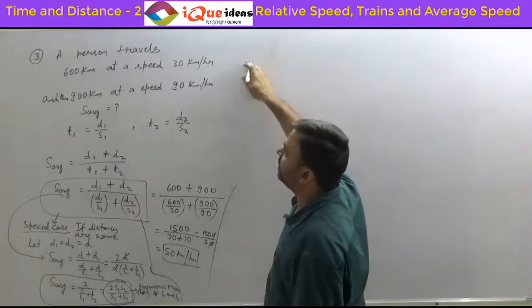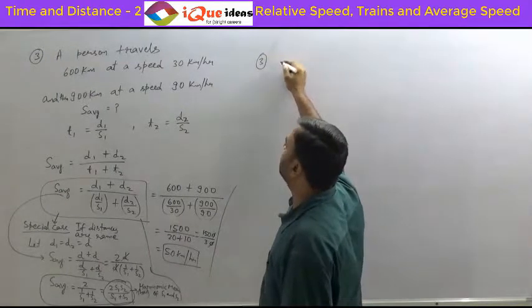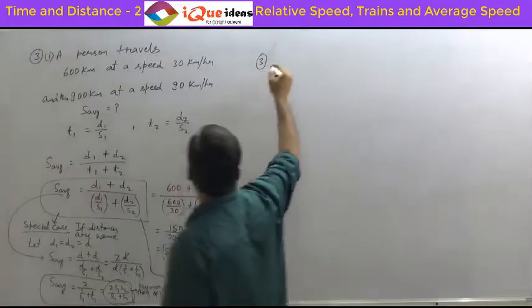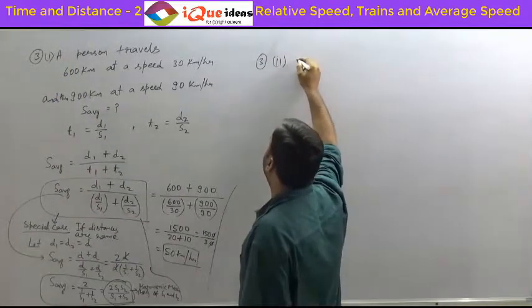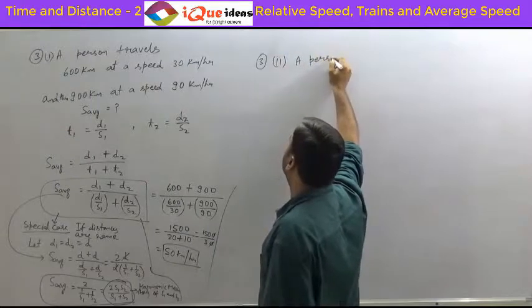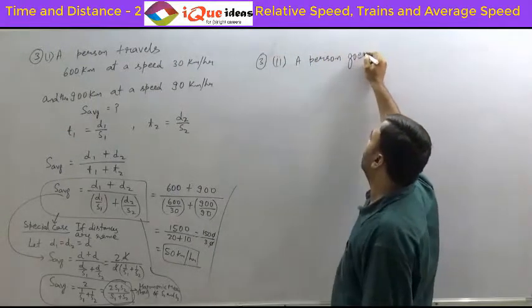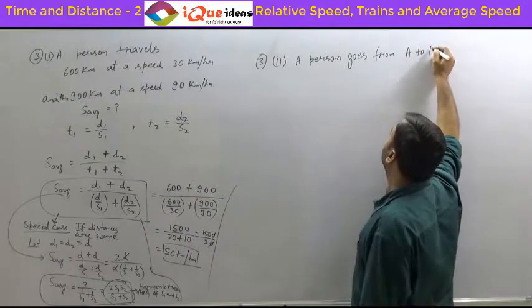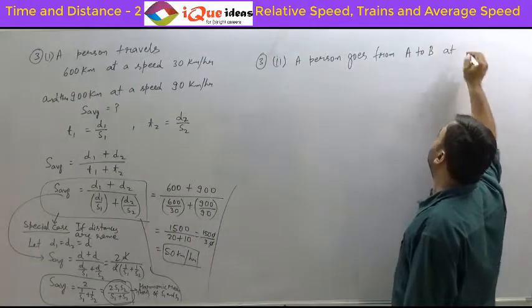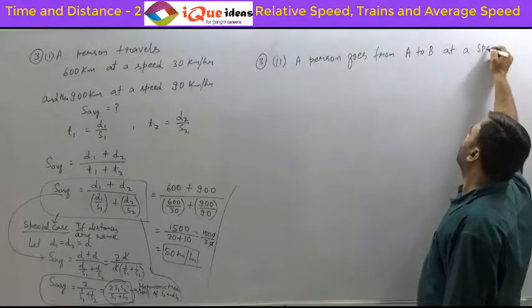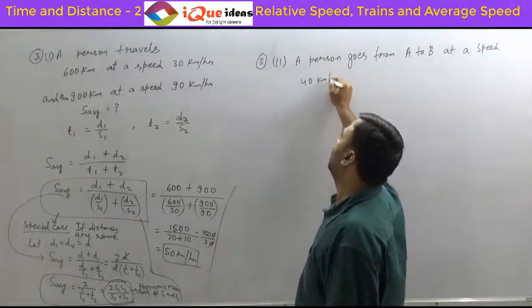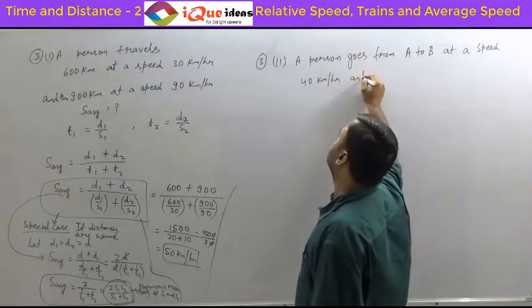So I'll just continue with the question number 3, but I'll put, let's say, 1 here and 2 here. A person goes from A to B at a speed 40 kilometers per hour and comes back.